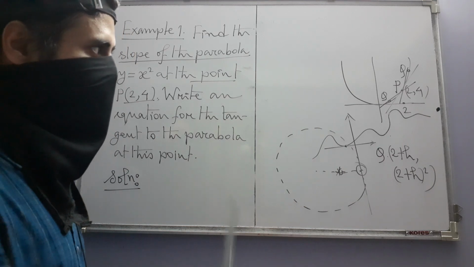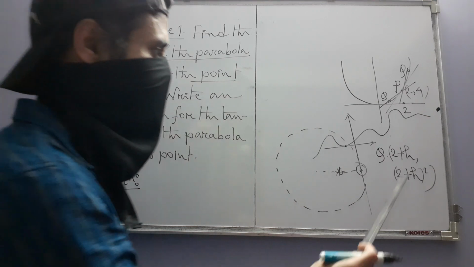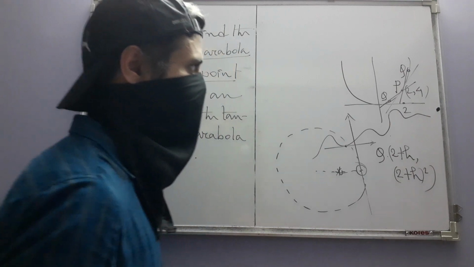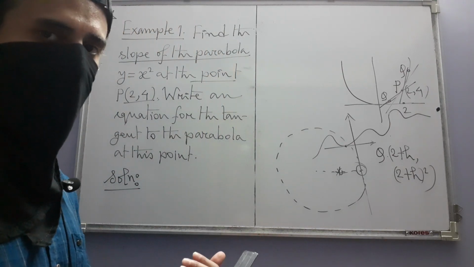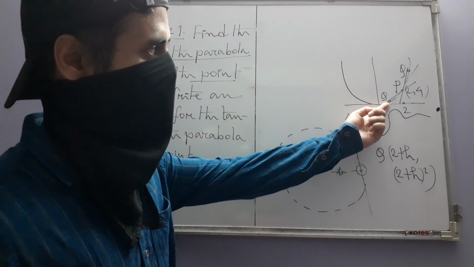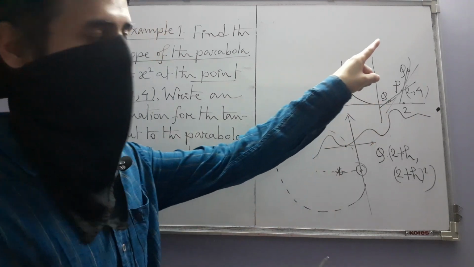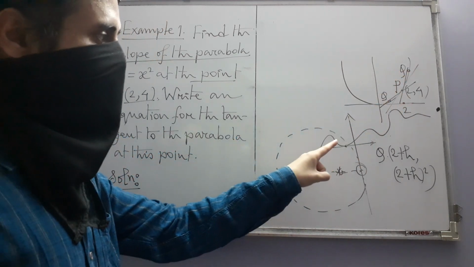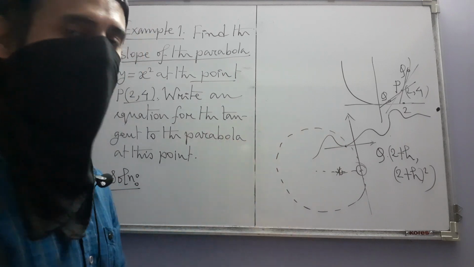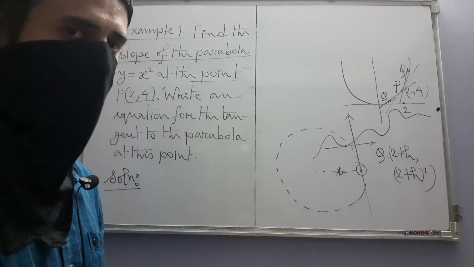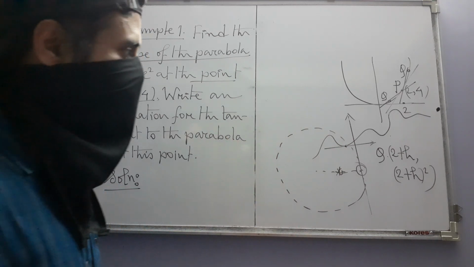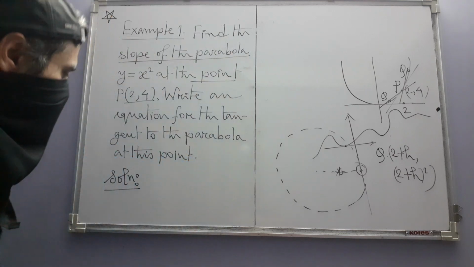On which side of (2, 4) it will lie depends on the sign of h. If h is negative, we are talking about this Q. If h is positive, we are talking about that Q. So you do not have to do it separately twice. You can do it at once. And that's what we are going to do.